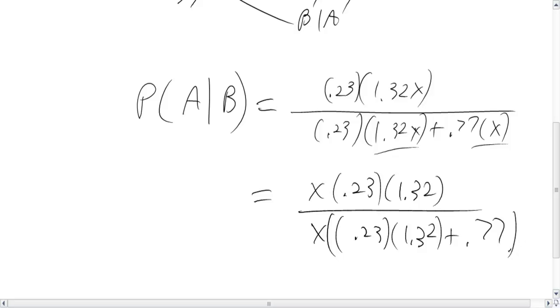I need to sneak another set of parentheses in there. There we go. Once I divide away my x's, we're left with just a set of values that we can compute using the calculator. So I hope that helps. I hope that clears up the big concept for the problem. Best of luck.